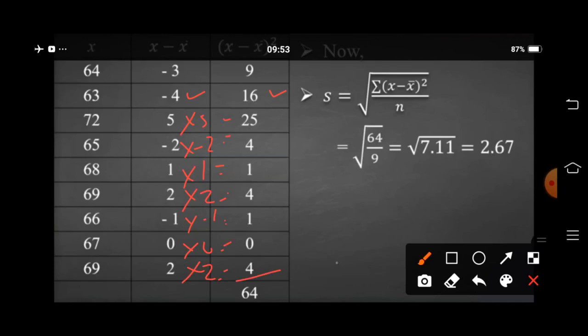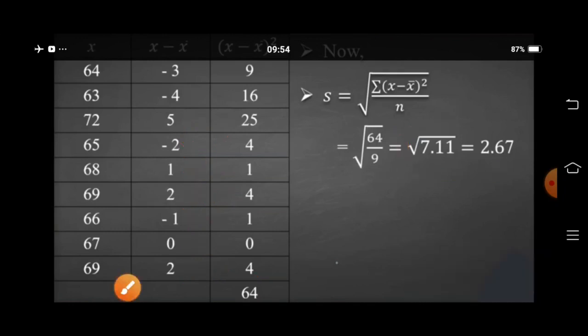Then the total, sigma (x minus x bar) whole square, would be 64. Write it down here, and n, 9 observations are there. 64 divided by 9 we get 7.11, under root of 7.11 equals 2.67. So our standard deviation is 2.67.